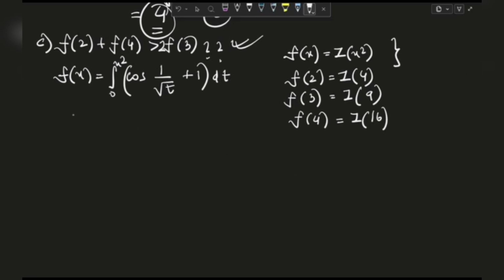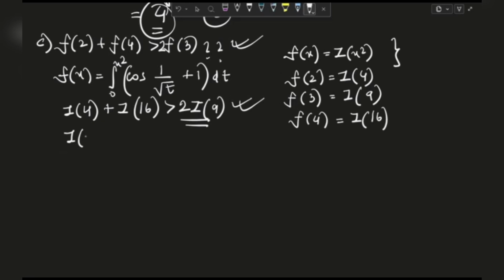Now if we rewrite this expression in terms of I, we can say I4 plus I16 is greater than 2 times I9. This is what we have to show to be wrong or correct. Let's for the time being consider that this is correct, and we will obviously know if it is not.